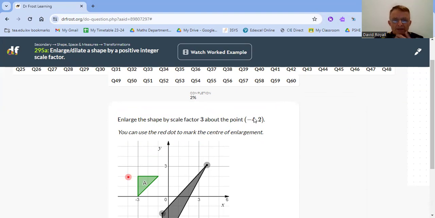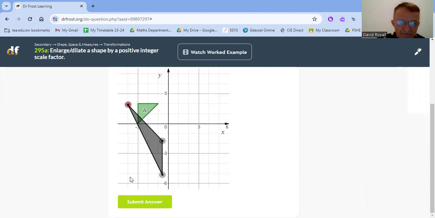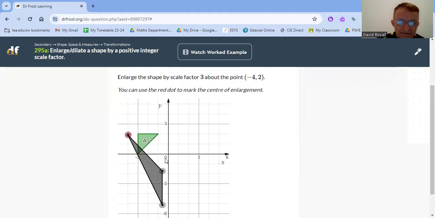And we want a scale factor of 3. So what we do now is imagine you are shining a light across this object, and the beam throws a shadow, which is very realistic because this dark stuff is rather like a shadow.